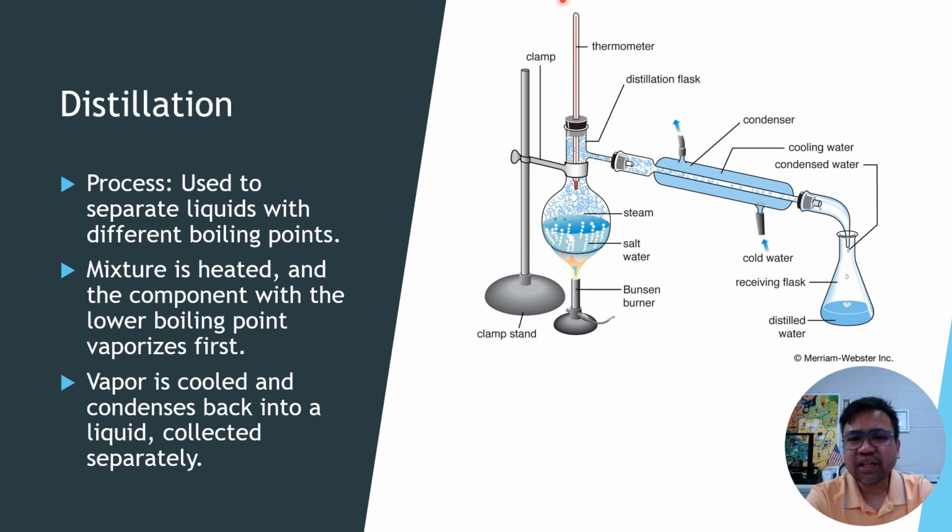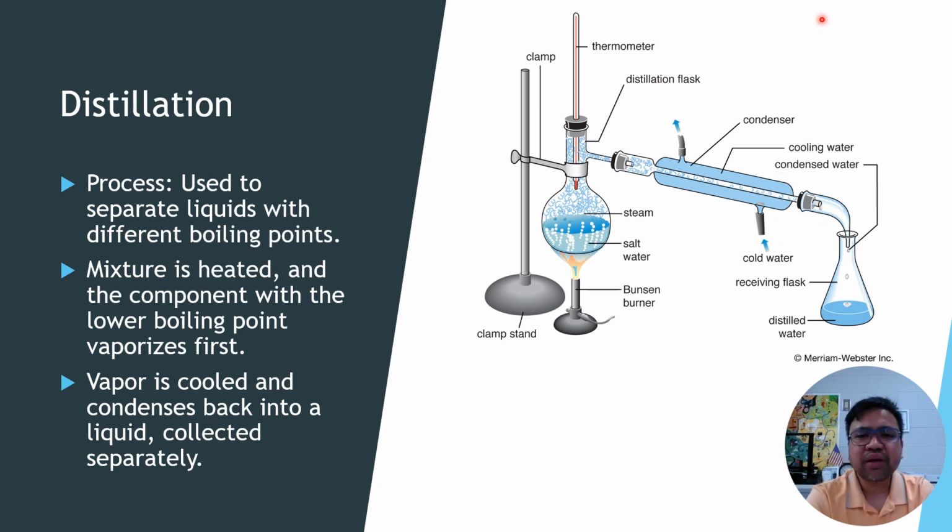The journey does not end here for the vapor. It travels to a cooler area where it undergoes condensation, transforming back into liquid. This liquid, now separated from the original mixture, is collected in a different container. The result is a purified form of the component that was vaporized first.